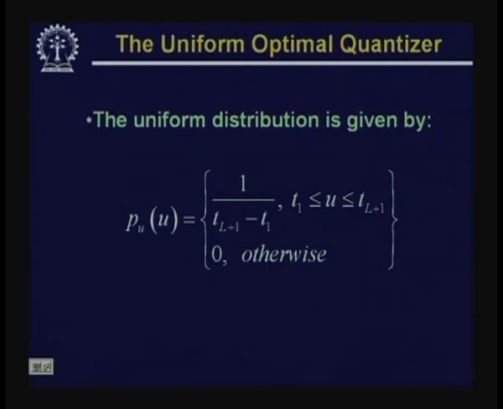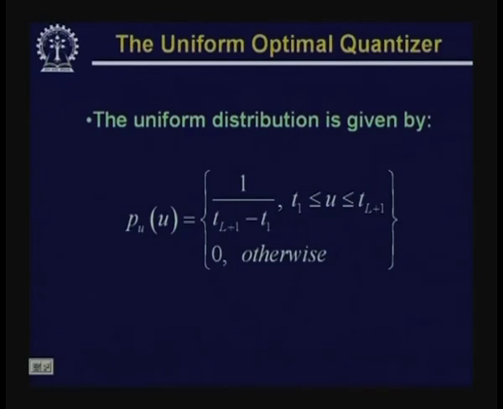Now, though the earlier quantizer was designed for any kind of probability density function, it is not always possible to find the probability distribution function of a signal a priori.